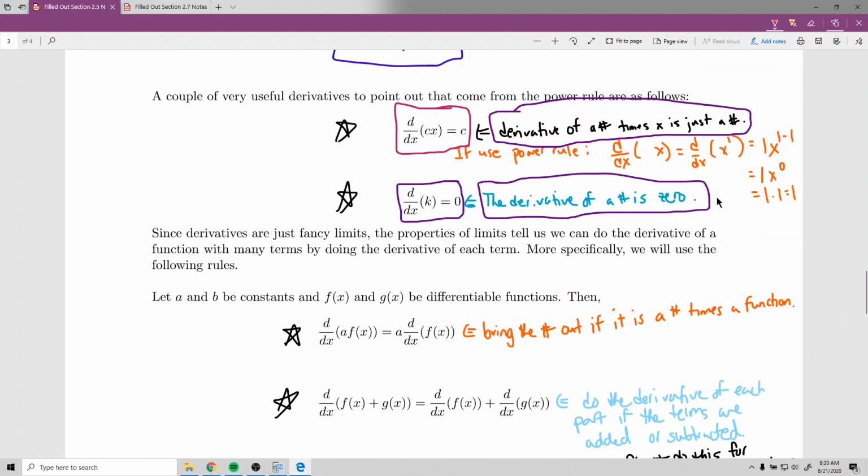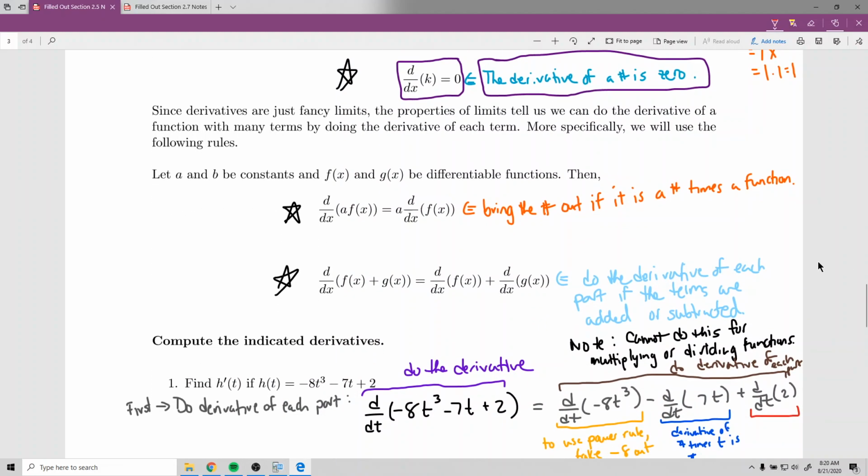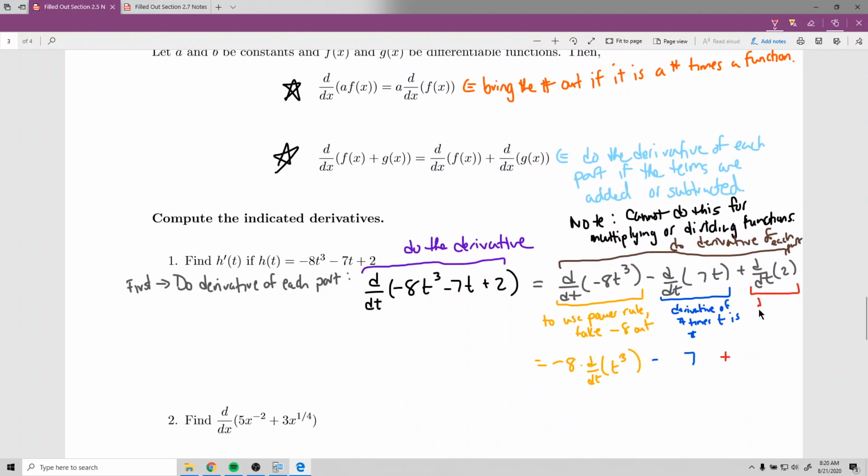And this is one of the best rules because there is no ambiguity. You don't have to worry about letters. The derivative of a number is always 0. So you just plug in 0 there.